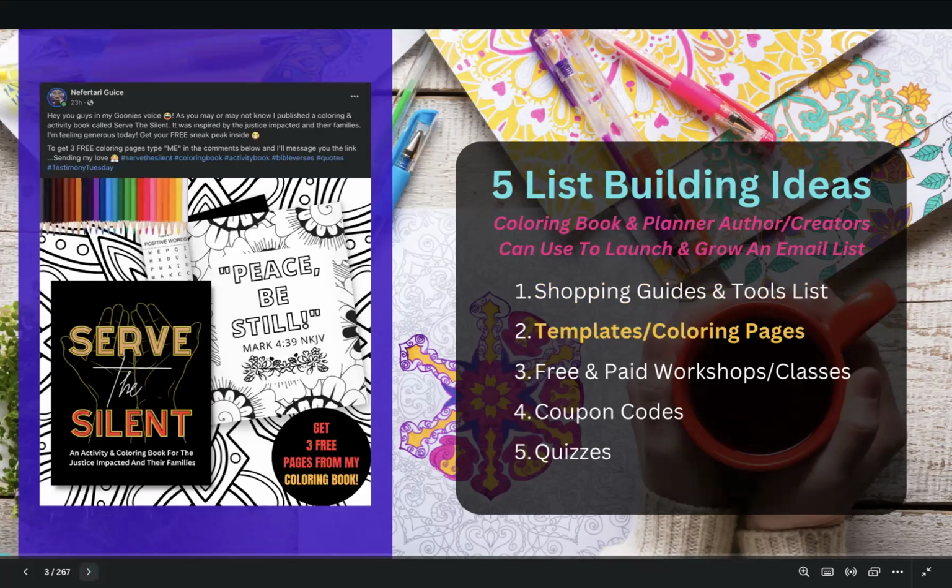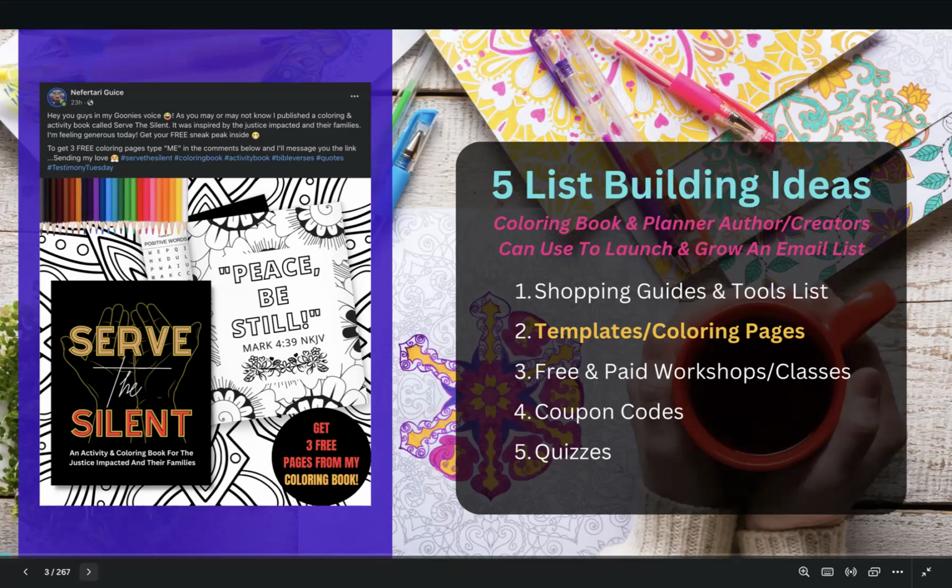So again, if you've published a book, whether it's a planner journal or a coloring book, offer sample pages from the book in exchange for contact information. All of my students that go through my Coloring Book Creator and Journal Planner program, I highly, highly recommend that they give away sample pages from their forthcoming book and or existing books.